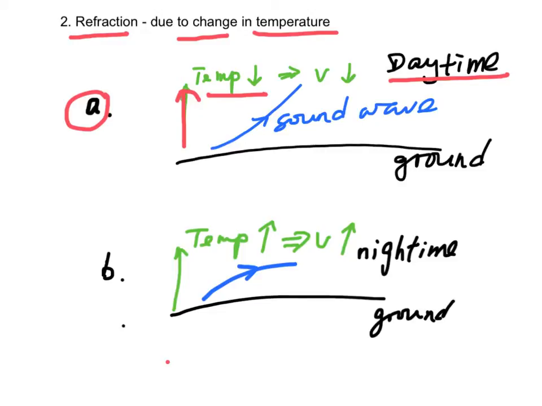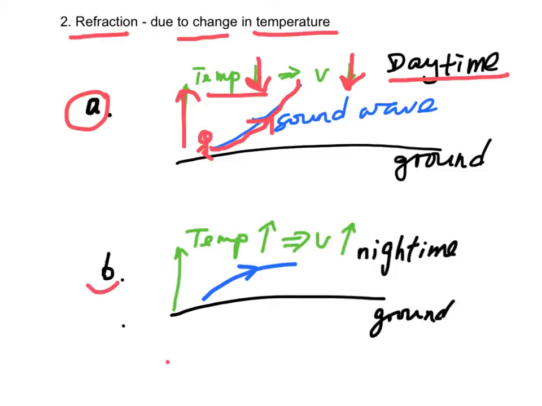At higher altitudes, the air temperature decreases. That means the speed of the sound wave will also decrease. When someone speaks, the sound wave will travel in the directions as shown. The wave will bend upward.